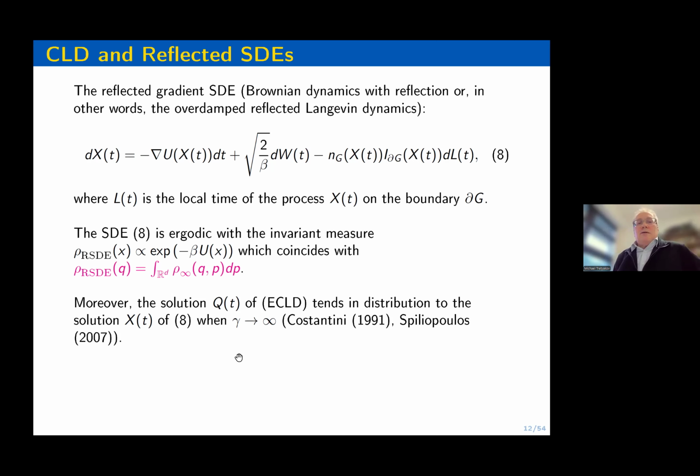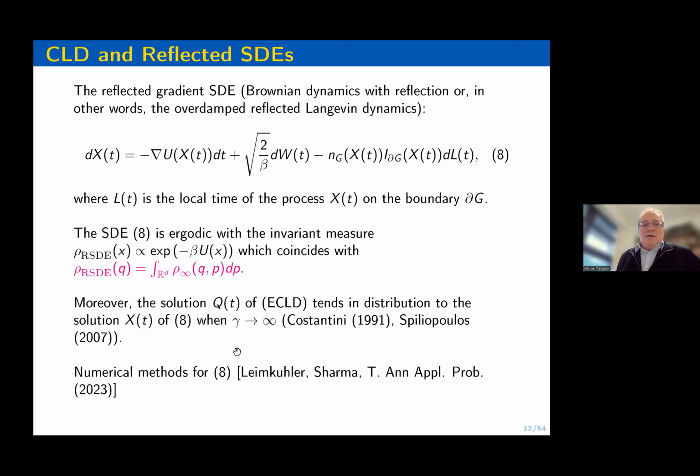And obviously this density coincides with the marginal for the Langevin equation we had on the previous slide. So this object also can be used for the same purpose of sampling from distributions with compact support, and that we explored with Ben and Akash in our previous paper.